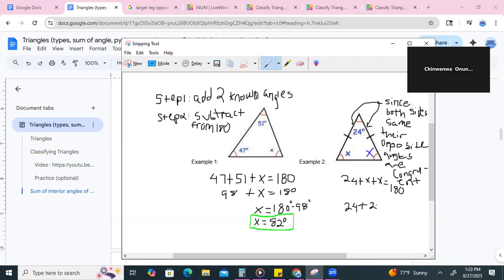So the first real major step is to subtract that 24 from 180 to see what we have left that we have to split into two. So let's say 24 plus 2x equals 180. We're going to subtract 24 from 180, and that will give us what 2x is.